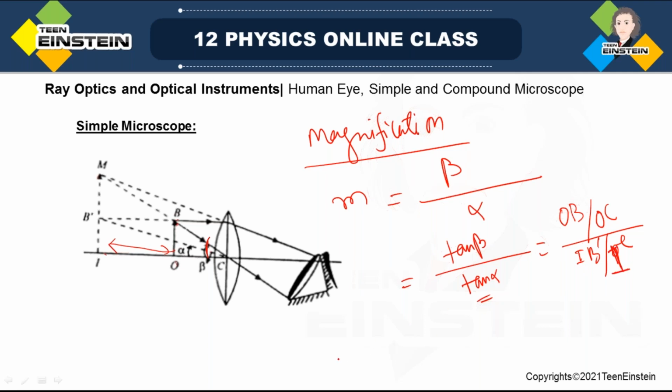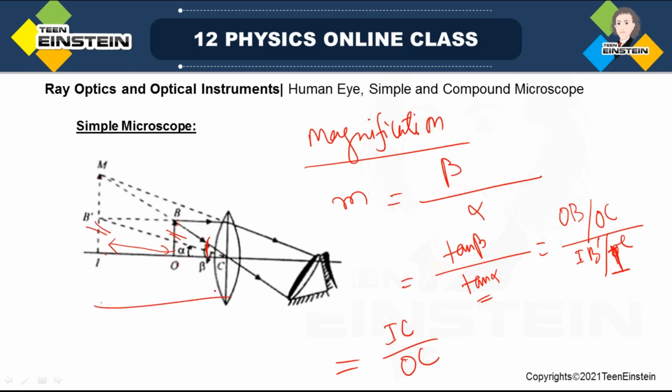IB prime and OB will be the same, as I told you, so they are equal in height. We can strike them out, and finally we get IC by OC.